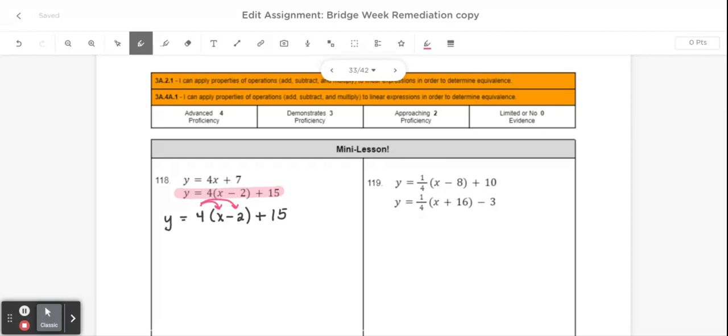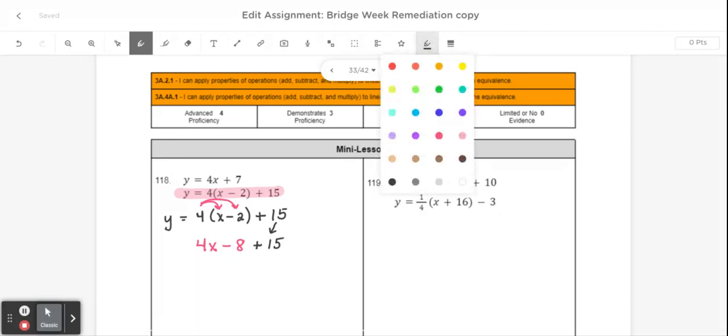So when I distribute, I'm using multiplication. 4 times x would be 4x. 4 times -2 would be -8. And then because the 15 is a separate term, it's not inside the parentheses, I'm just going to drop down the plus 15. Next, I'm going to combine the like terms.